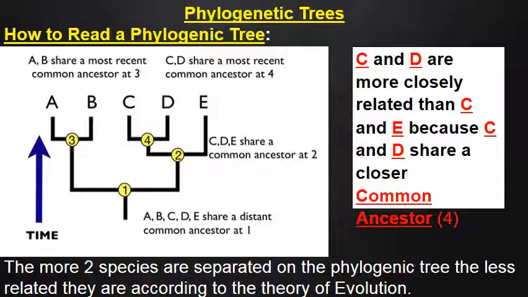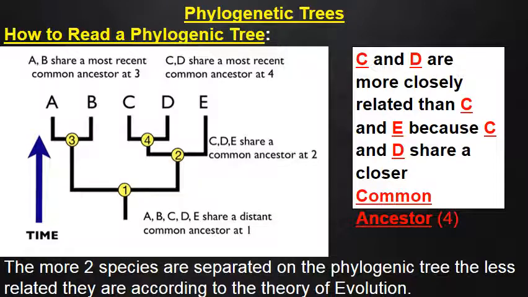That is a common ancestor, the most direct common ancestor of organisms C and D. And E is connected to C and D by node number 2, which means C and D share common ancestor 2 with E. And number 1 is the common ancestor to all 4 organisms.